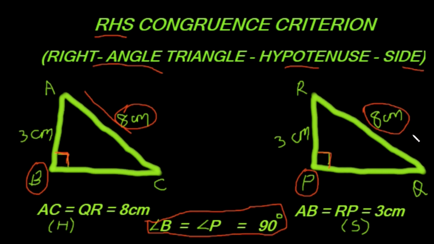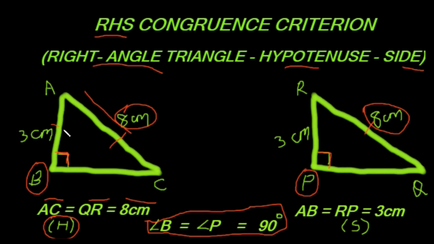So AC and RQ. So AC equals RQ equal to 8 centimeters. This is hypotenuse. They both are equal. So the corresponding hypotenuse sides are equal. Now coming to the sides. What is the side here?